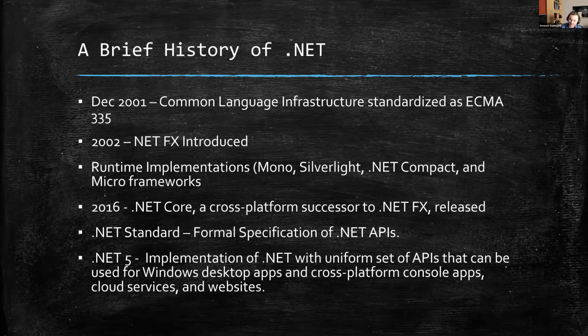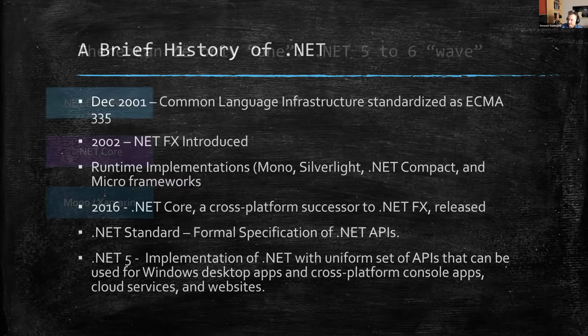This is where a lot of people get confused when they're coming to .NET initially, because you almost need a decoder ring to figure out which of these things you need to target. The motivation behind .NET Standard was to establish greater uniformity in the .NET ecosystem.